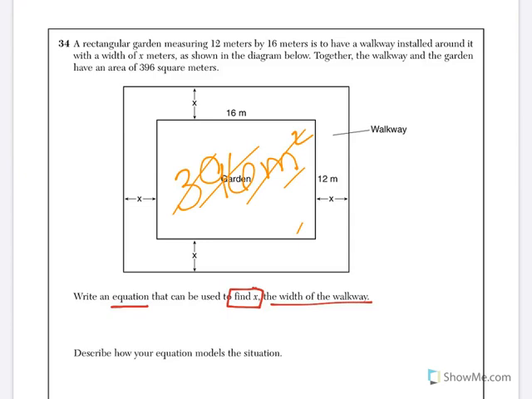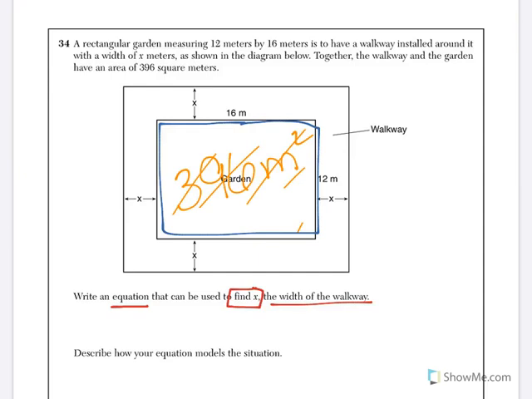We know that this inner rectangle is the garden, and it is going to be 12 meters by 16 meters. We know the walkway is x, and we know the entire area is 396 square meters.